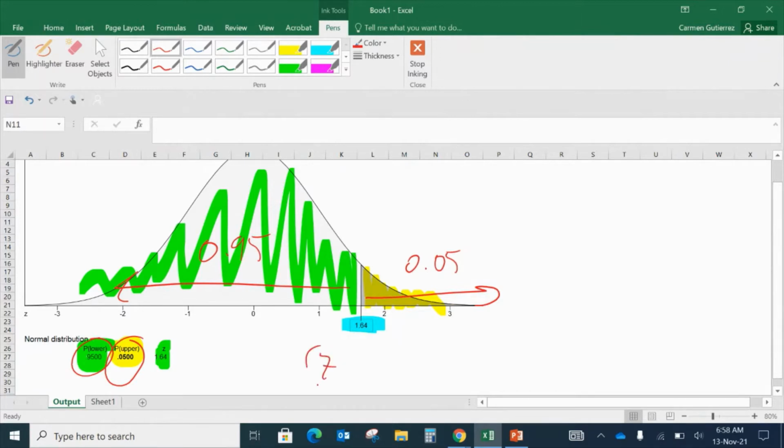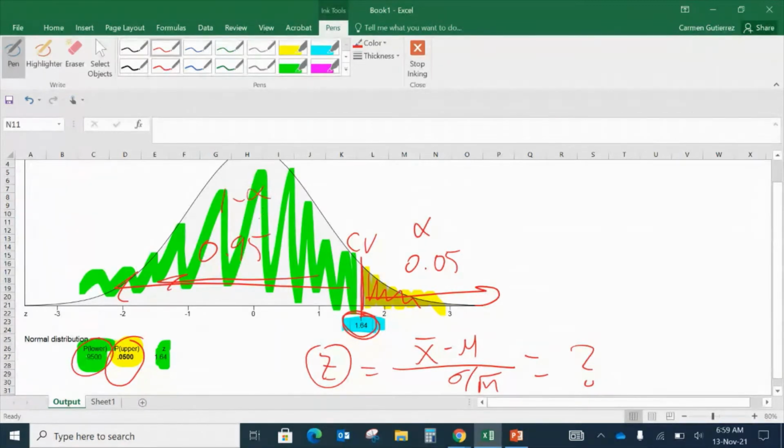When we go to step 5 and calculate the Z of your sample, which is X minus mu divided by sigma over the square root of n, you compare the Z value that you get, whatever it is, to your critical value. The critical value is 1.64 for an alpha of 0.05, and a lower tail of 1 minus alpha, which is 0.95. So we go back into our PowerPoint.